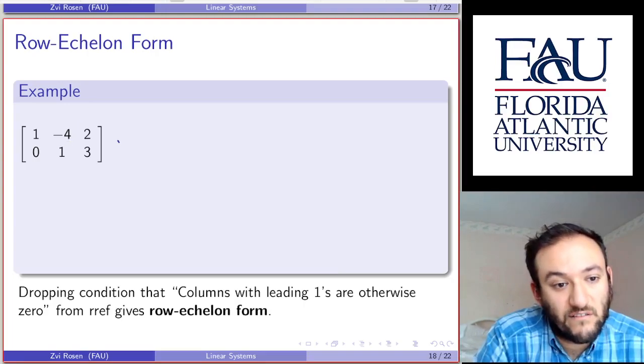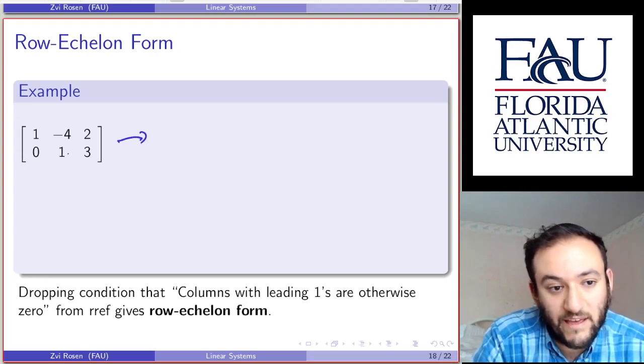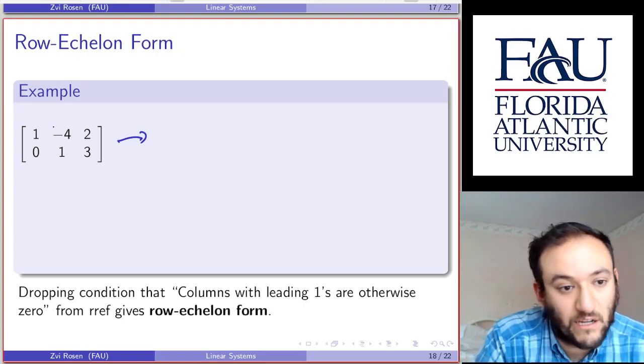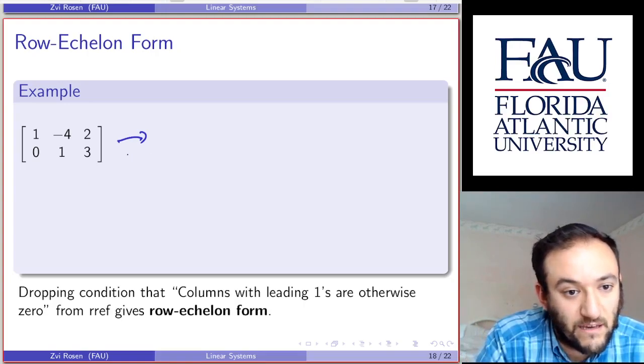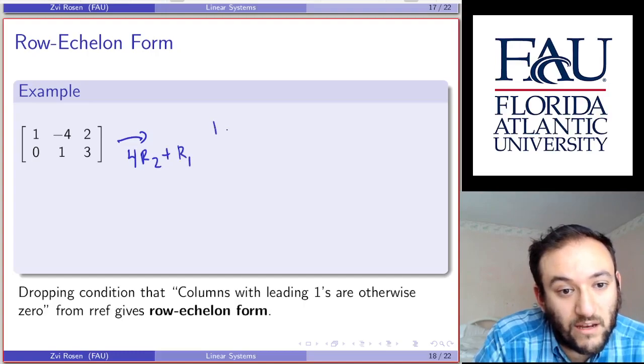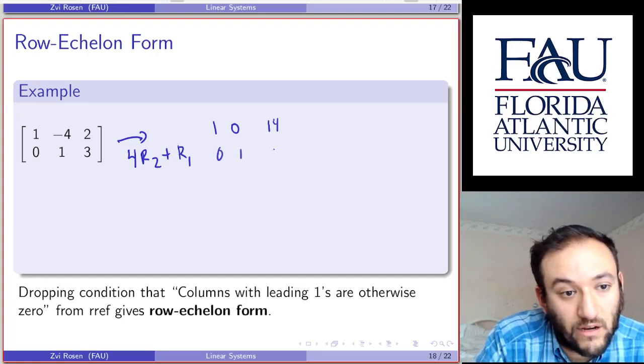Basically, instead of doing the step where I clear the columns that have leading ones in them, so I could, for instance, take 4r2 plus r1, and I would get 1, 0, 14, and 0, 1, 3.